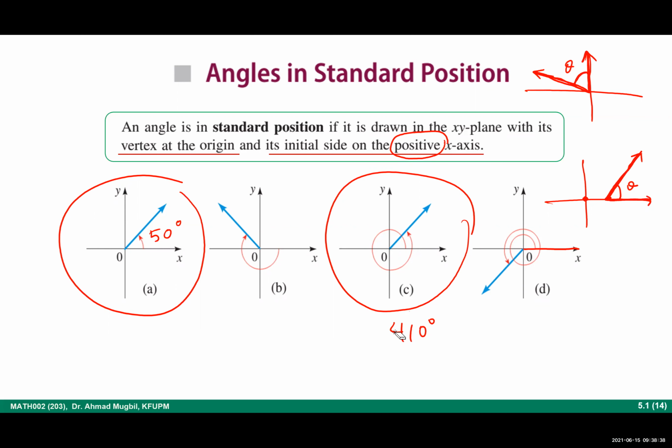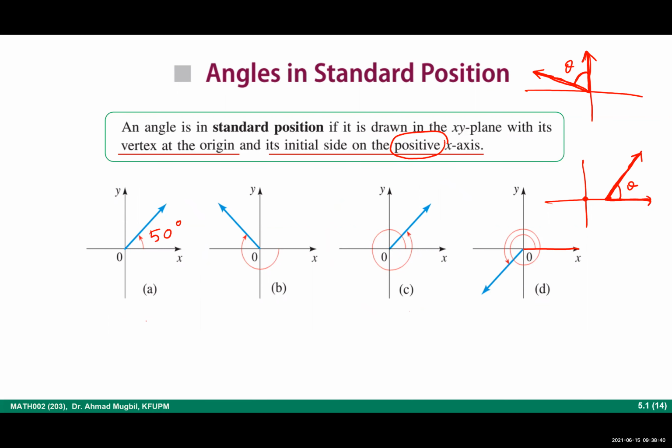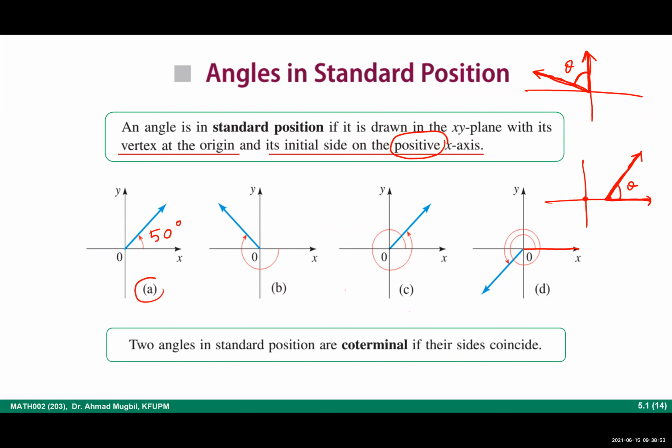Yes, you're right. But notice, shabab, that their terminal sides coincide. Coincide means they are identical at the end. They match each other at the end. These two angles, shabab, in A and C, we call them coterminal.